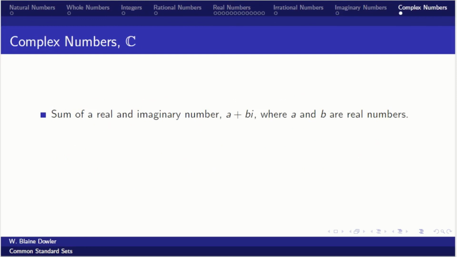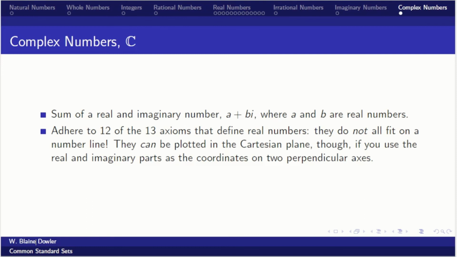Now the complex numbers with the symbol C are the sum of real and imaginary numbers. So a plus bi. So a and b are both real, but that bi combination makes it imaginary. And they adhere to 12 of the 13 axioms that define real numbers. They do not all fit on a number line, but they can be plotted in the Cartesian plane.